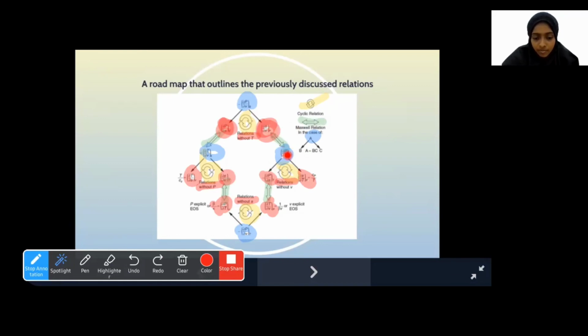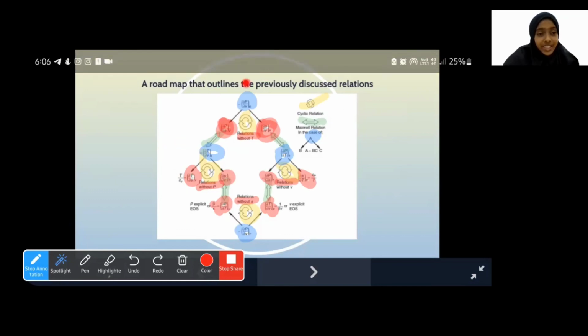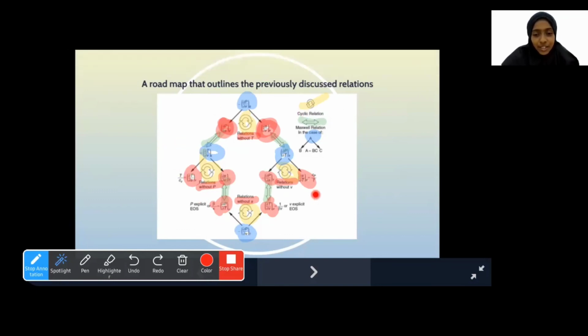Just to add on, for all this derivation in the thermodynamic web, there are three different ways used to integrate and generate it. The first one is the pressure explicit equation of state, which is here.